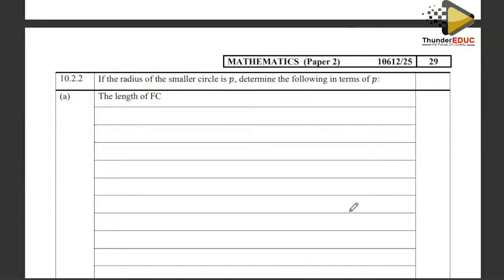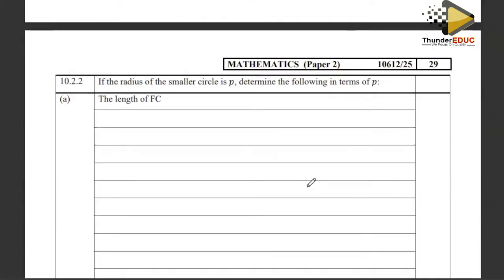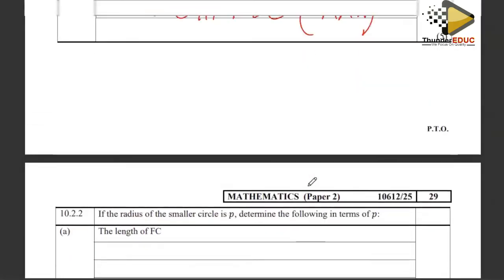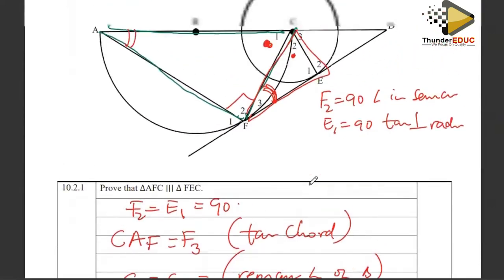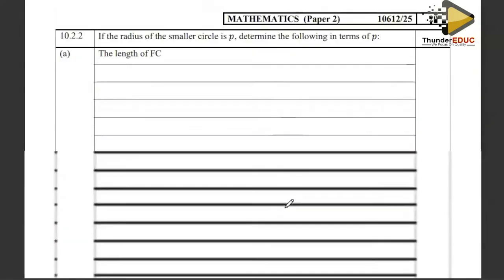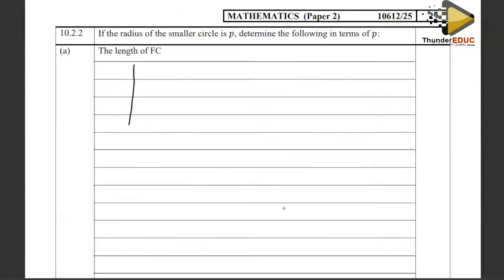10.2.2. Okay, they're telling us if the radius of the smaller circle is P, determine the following in terms of P, the radius of FC. Let me do it here. So let me just try to redraw those two triangles somewhere here so that we see what we're talking about.